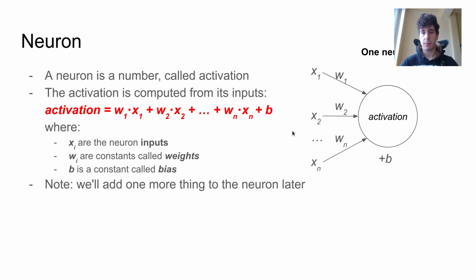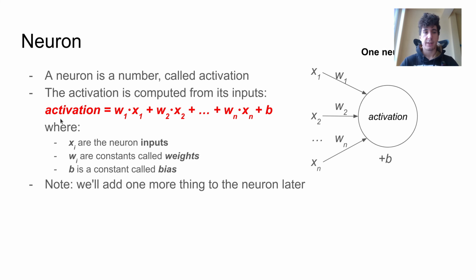We also have some inputs, x1, x2, up to xn, and also some weights. So each input has a weight. x1 has weight 1, x2 has weight 2, xn has weight n. And finally, we have this plus b, which is called the bias. All the weights and the bias are just constants. We'll see an example soon.